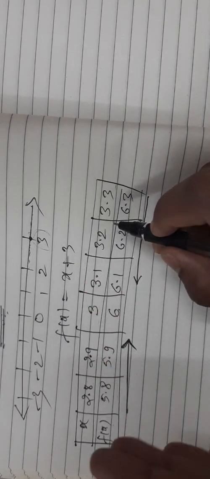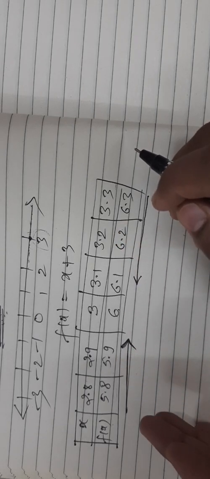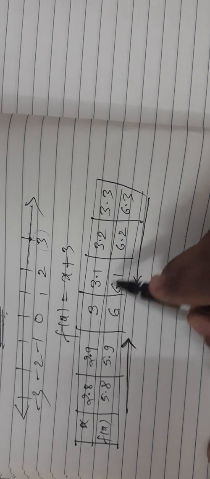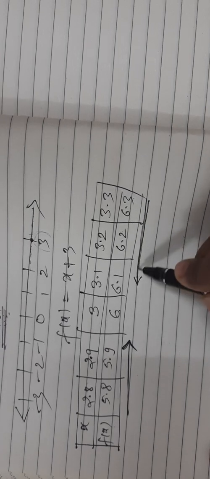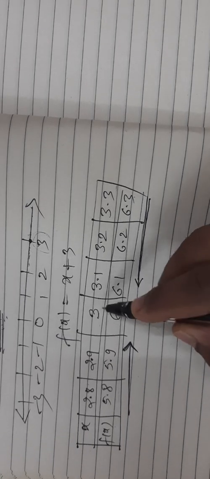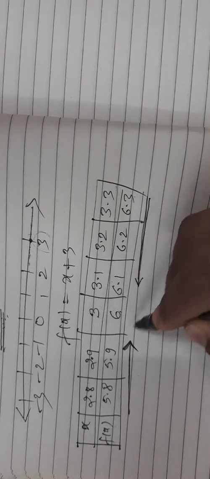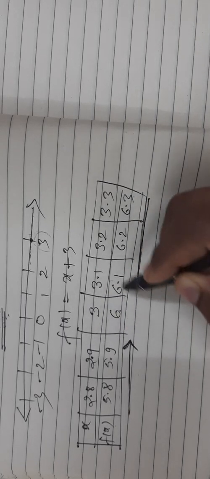So x is approaching 3, then the value of the function is also approaching 6. It means this is the limit, or the maximum value the function can achieve, right?